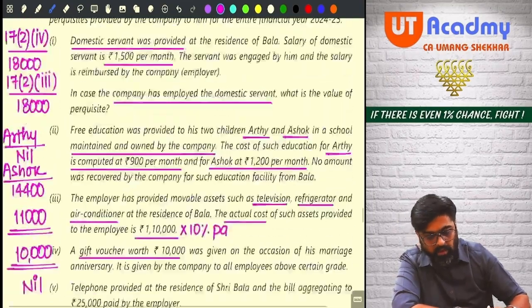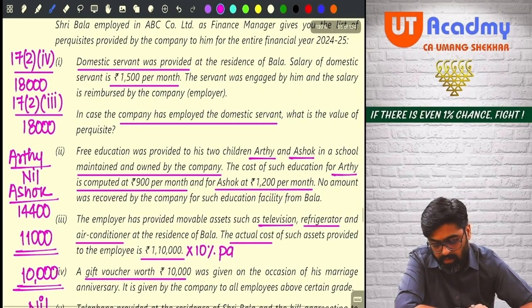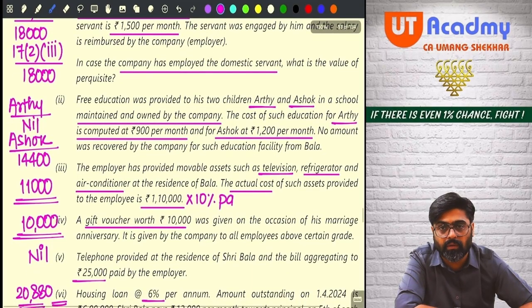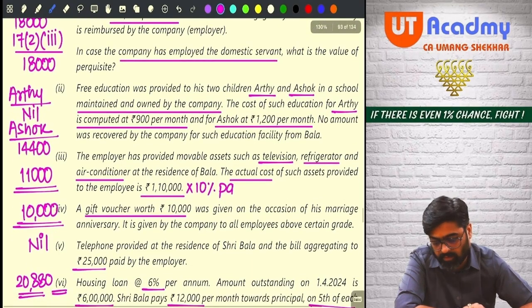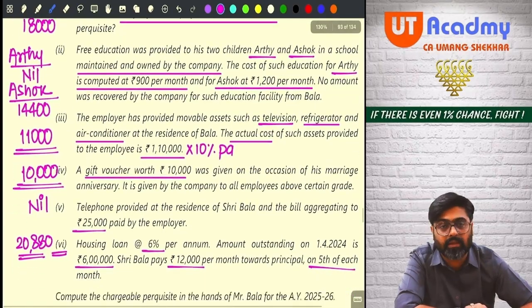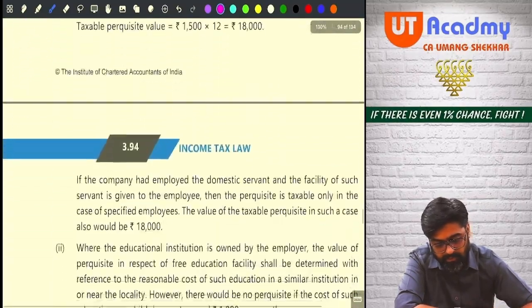Now please, on your calculator, take 18,000 taxable value of domestic servant facility, 18,000. Then take educational facility, 14,400 on your calculator. Then add 11,000. Use of movable asset, yes or no? Add 10,000 gift. Then add 20,880.